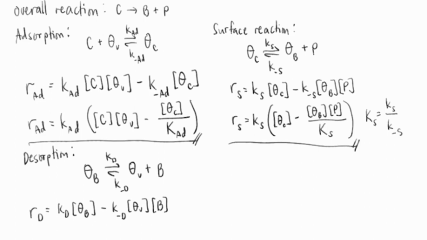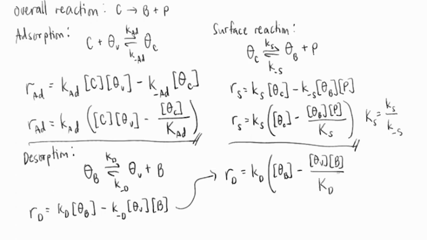As with adsorption and surface reaction, we can factor out the specific reaction rate constants of the forward reaction, therefore giving us our net rate of desorption written as small kd multiplied by the concentration of active sites containing B minus the concentration of the vacant active sites times the concentration of free benzene all over capital Kd. Capital Kd is our equilibrium constant for desorption. We now have our three governing rate law equations that describe the adsorption, surface reaction, and desorption of the reactants and products for the described reaction.